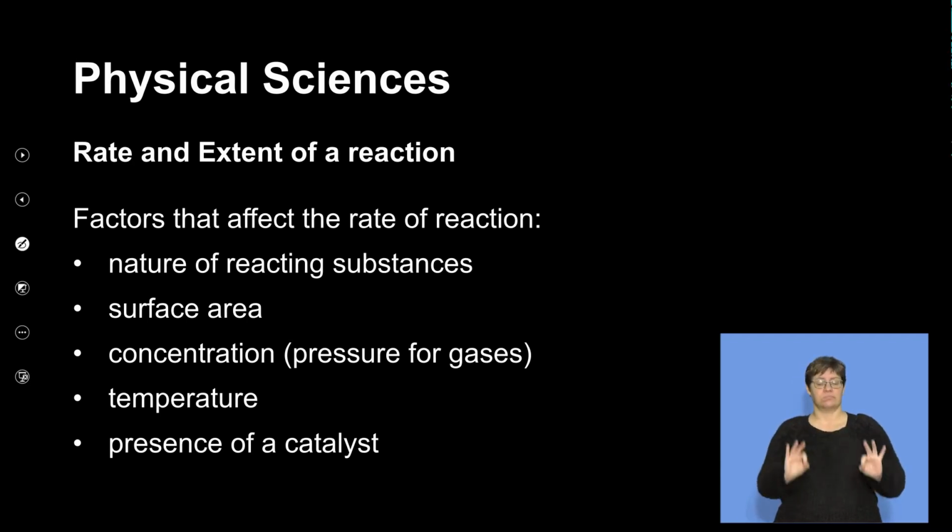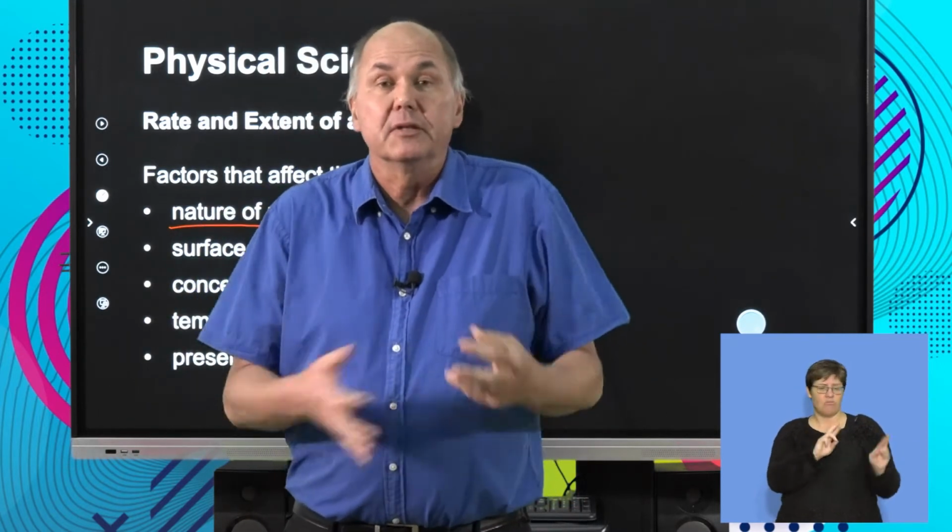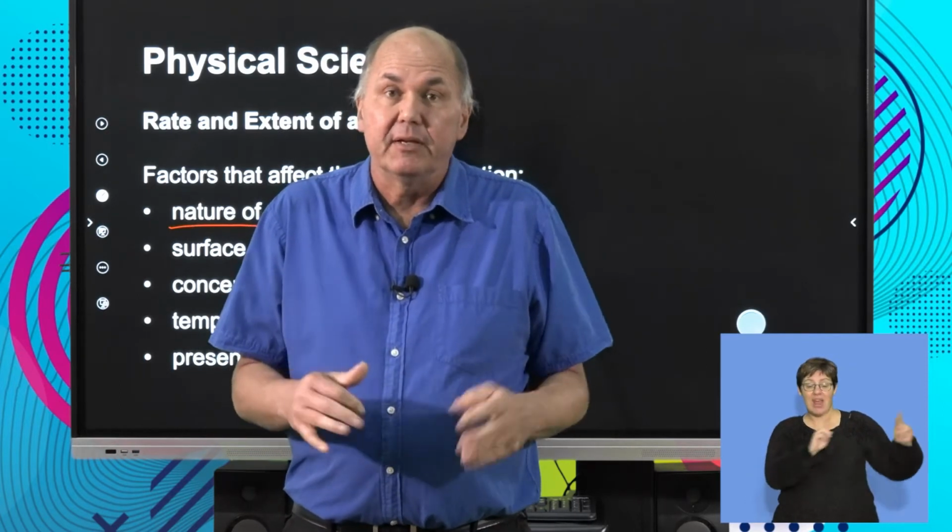The factors include the nature of reacting substances. So, for example, group 1 metals are highly reactive, whereas something like lead is hardly reactive, and gold is unreactive. So depending on the reactivity of the metal, or the non-metal, which depends really on the electron configuration, we recognize that different things can react quickly or slowly.